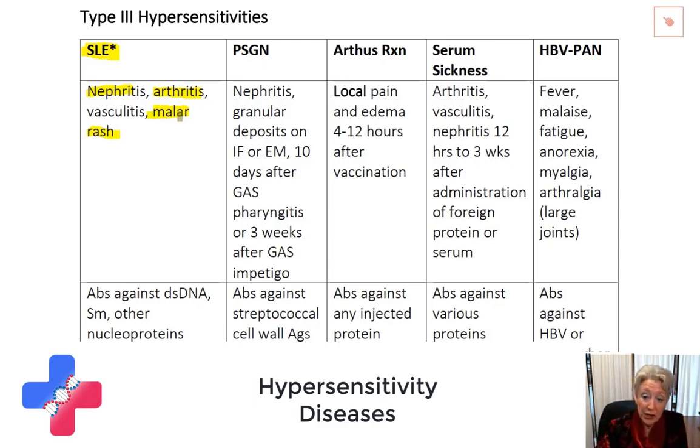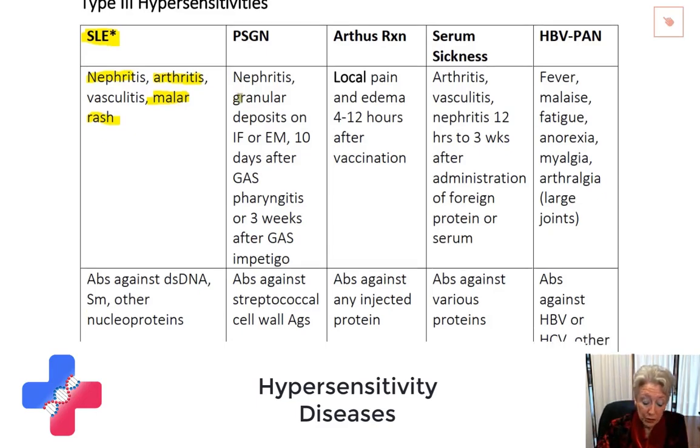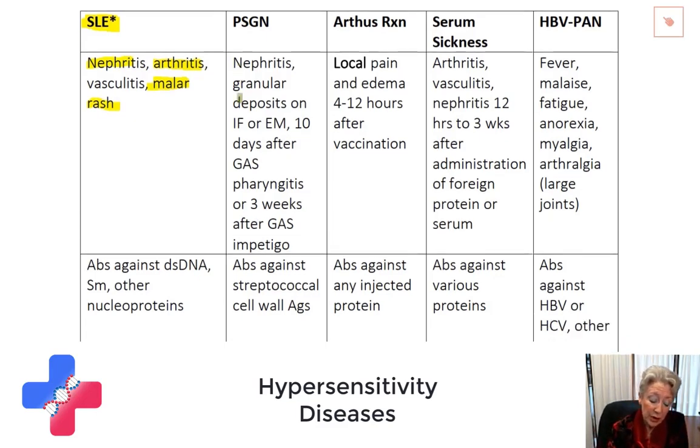lupus is a disease that we do not know for certain how it begins. But if you think about the fact that I'm making antibodies against double-stranded DNA and Smith protein as well as other nucleoproteins, I think it should stand to reason intellectually that this type of hypersensitivity has to follow some sort of cell death or damage.